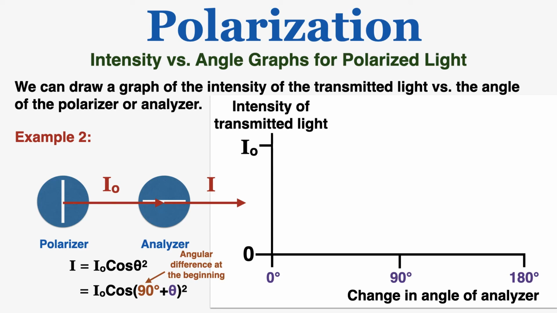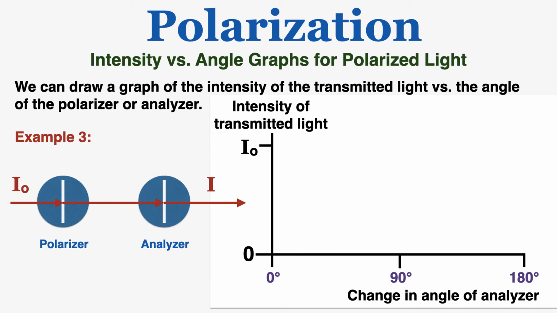And I know that cosine of 90 degrees is 0, so this whole thing will be 0 at the beginning. And so now as I turn the analyzer and increase the angle, this is going to take the form of a cosine squared graph, just starting at what would be 90 degrees instead of 0 degrees. So this is what that graph of intensity versus the change in the angle of the analyzer would look like.